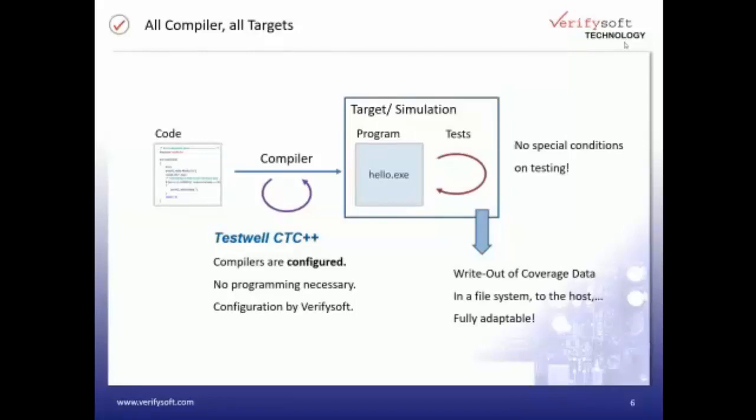We deliver it as plain C code, and we have some default implementations giving you, for example, the possibility to write the coverage data to the file system if you have one on your target. But there are other possibilities. You can write it to the host directly, or you can leave the data in an array and read that array with a debugger.